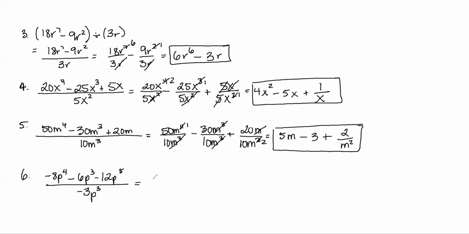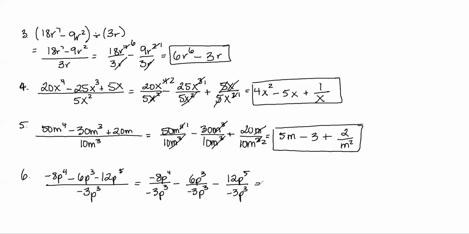So our first one, we have negative 8p to the 4th over negative 3p cubed, minus 6p cubed over negative 3p cubed, minus 12p to the 5th over negative 3p cubed.